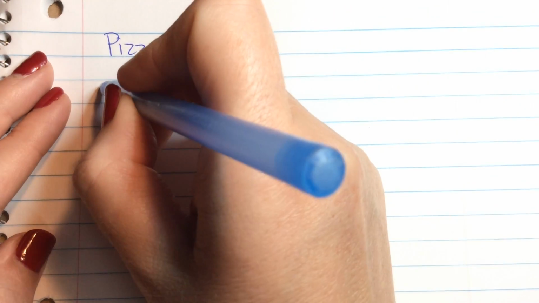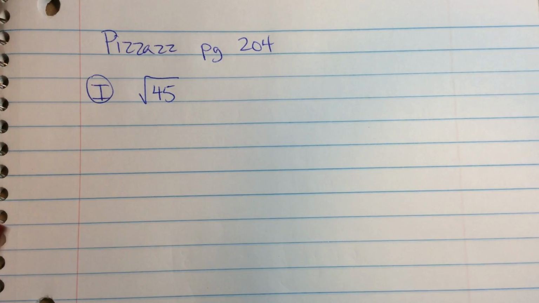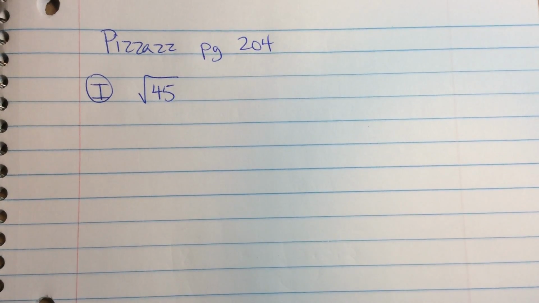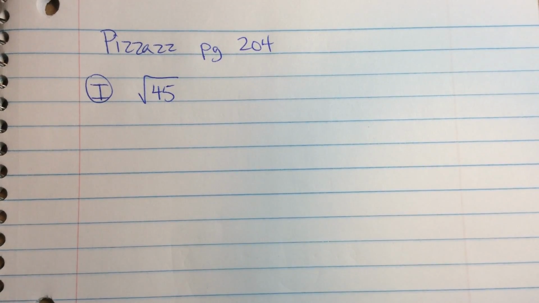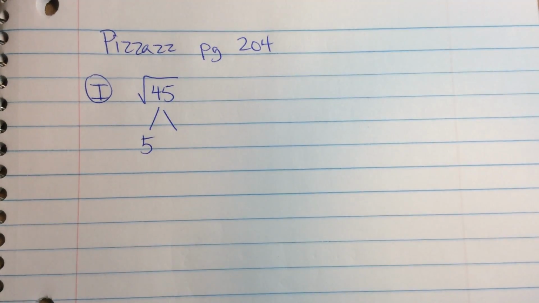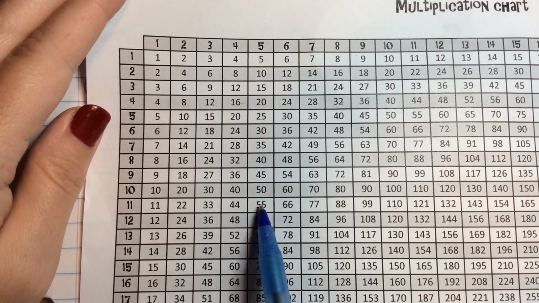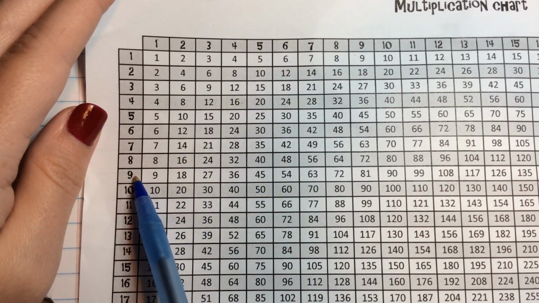All right, we'll start with I, which is the square root of 45. So 45 ends in 5, so I know that 5 times something equals 45. Anything that ends in 5 has a 5 in it. So if I look at my 5 column, how far do I have to go down to get to 45? And it's 9.